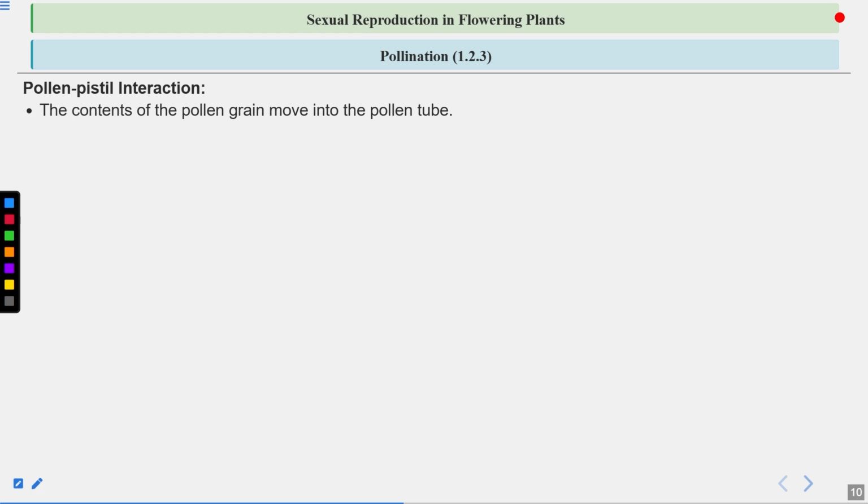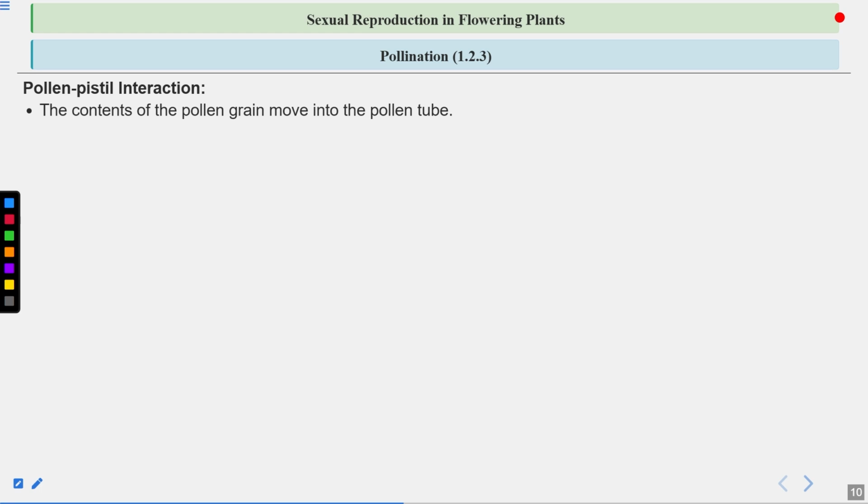If there is one ovule, then one pollen tube reaches there and fertilizes that ovule, right? But in the case of multiple ovules, like papaya, you can see the number of seeds there, right?